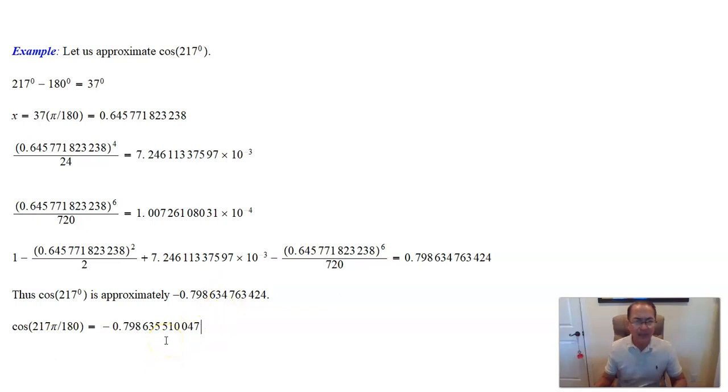So that difference is about 8, right? And the 8 will be 10 to the minus 8. So that's a pretty good approximation.